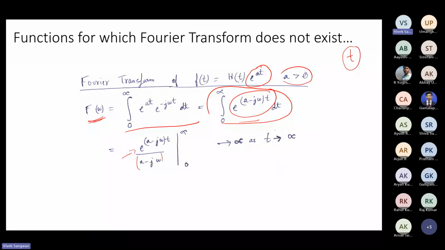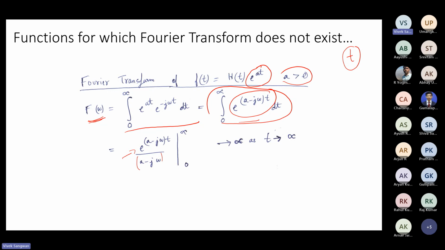The Fourier transform is very useful because it has the capability to tell you what frequency content your signal has. But the problem is it does not exist for many signals. So what we want is a tool which, like the Fourier transform, tells us the frequency content of the signal and hopefully exists for a larger class of functions or signals.